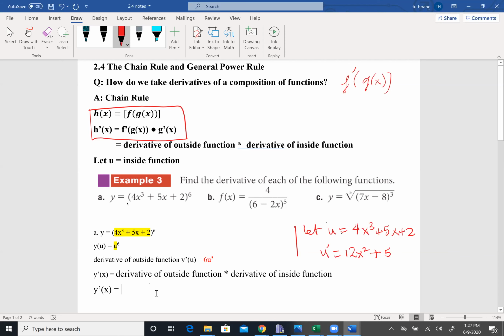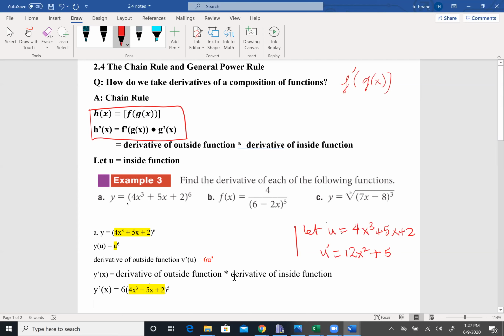So I put down 6, and u. What is u? u is the inside function, which is 4x cubed plus 5x plus 2. I'm going to change u right away to the inside function, to the power 5.